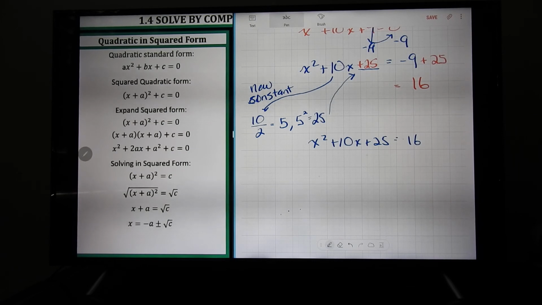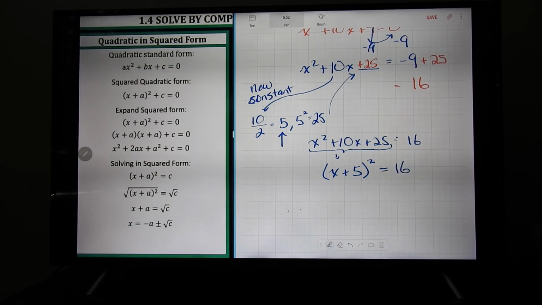The reason we do this is because then this is a perfect square, and the square is going to be this 5. We take this plus sign because the middle term is plus, so we call this x plus 5 squared equals 16.